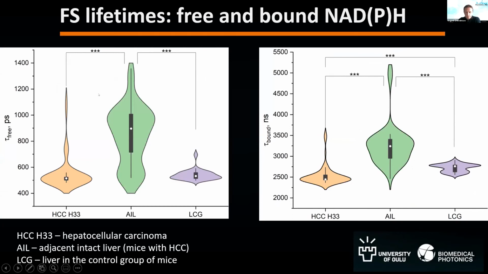We know that the short, fast components of fluorescence relaxation are related to a free pool of NADH, whereas the longer relaxation component is related to protein-bound NADH and NADPH.